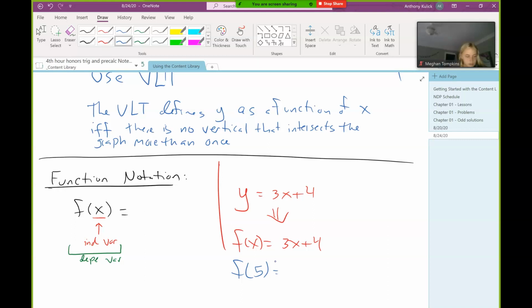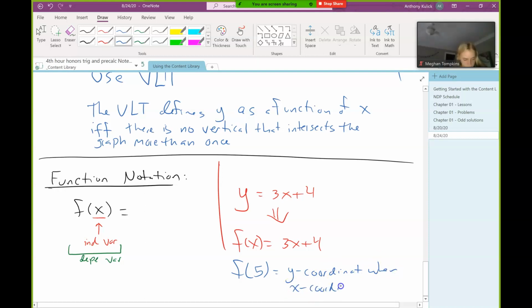So that's talking about the y coordinate when x is 5. Everybody's okay with that idea? Okay.